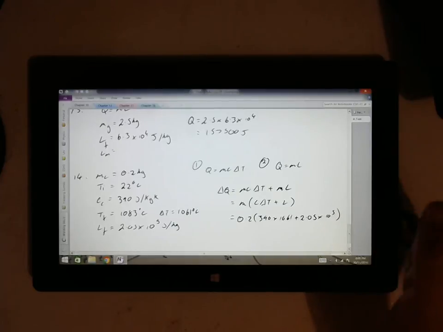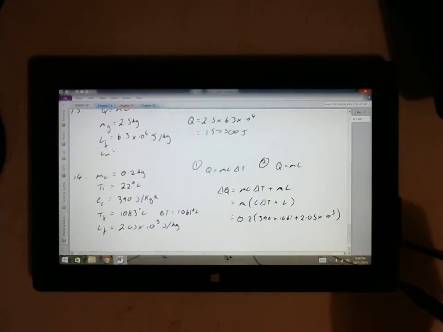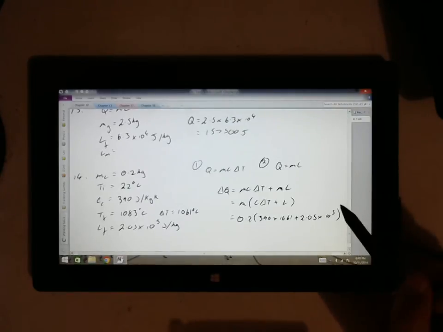Now, 390 times 1061. My calculator managed to miss the multiply sign. 390 times 1061 is 413,000, so 4 times 10 to the 5.